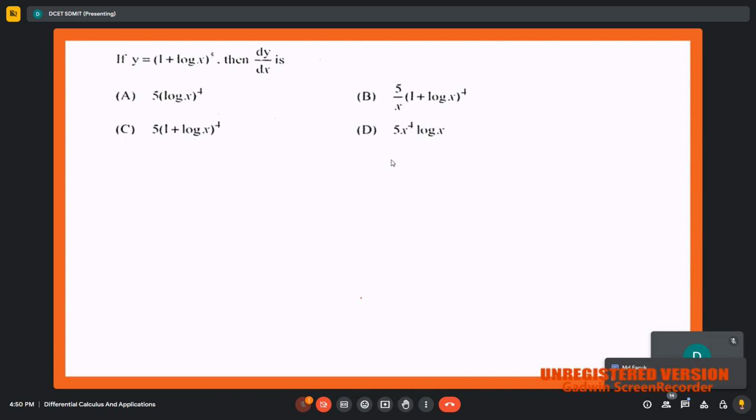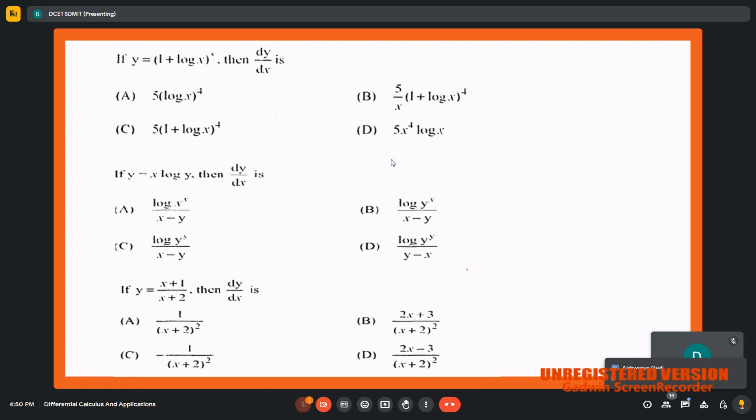Any other? Yes. Solve these three problems.